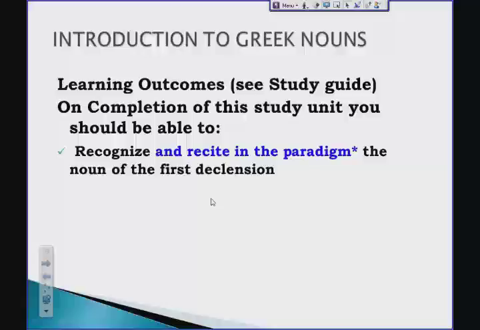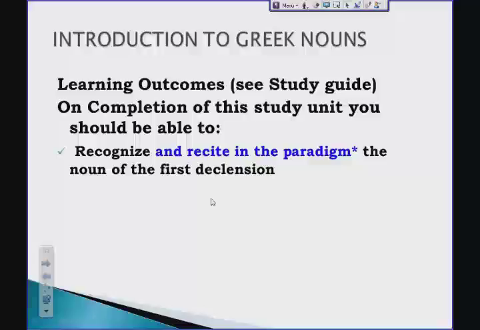So we are going to cover all three: the nouns of the first declension, the second declension, and the third declension. I have put this phrase in some color, and to recite in paradigm.